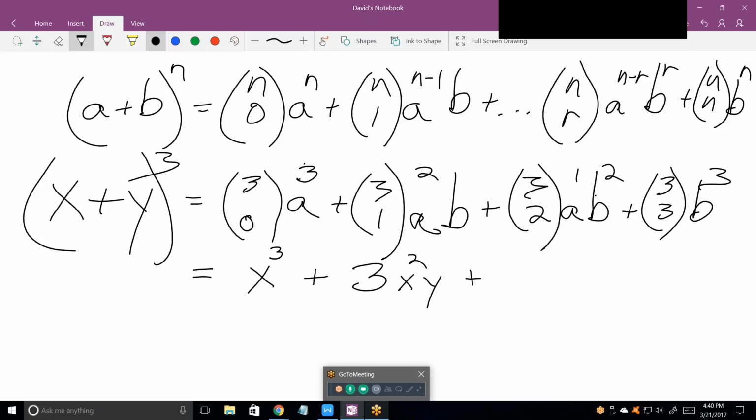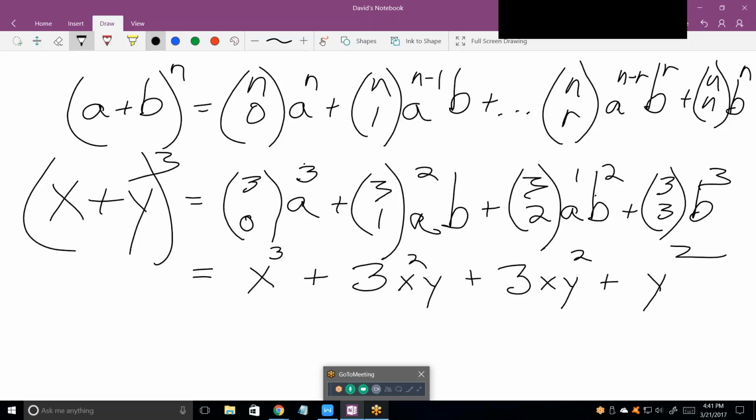What's 3 choose 2? 3. And that's x, y squared. And finally, the last term is 3 choose 3, which is 1. So that's how x plus y cubed would expand.